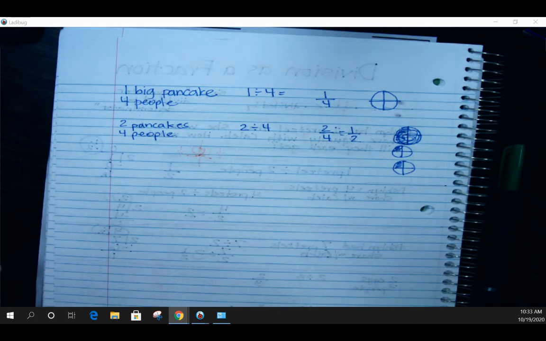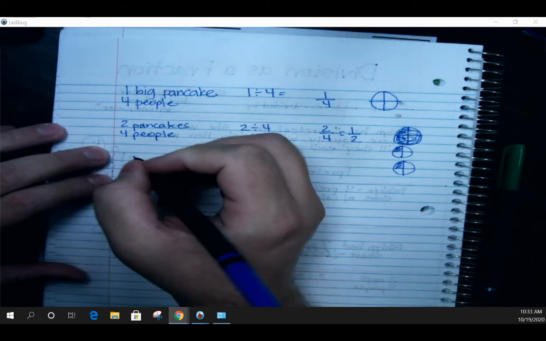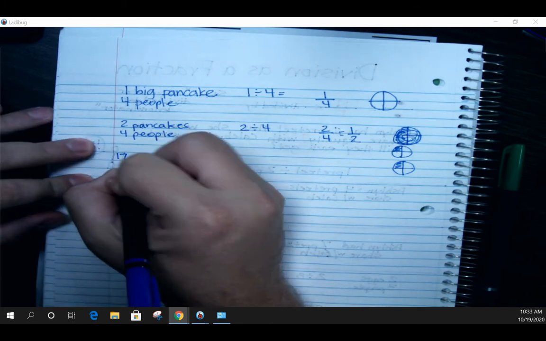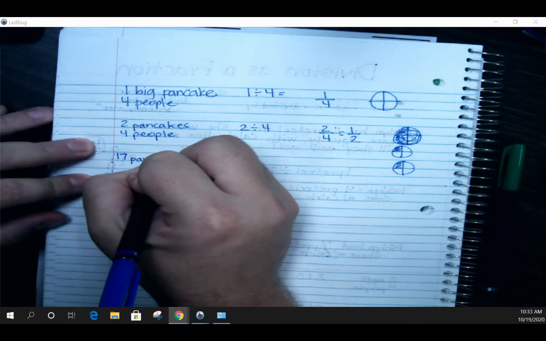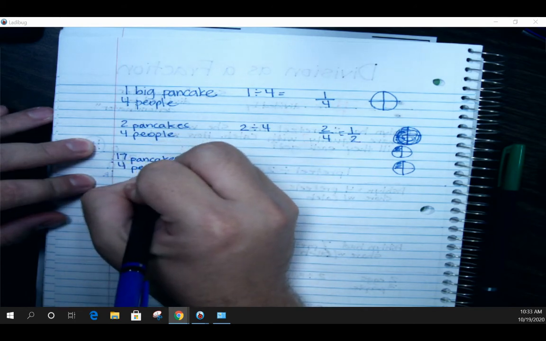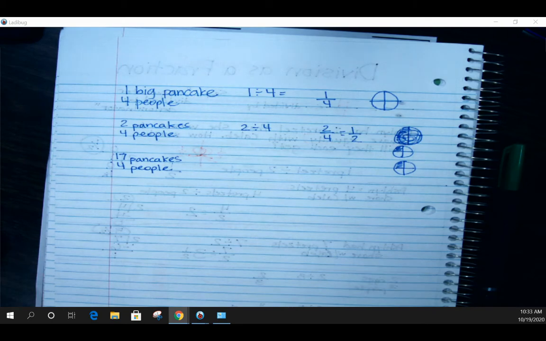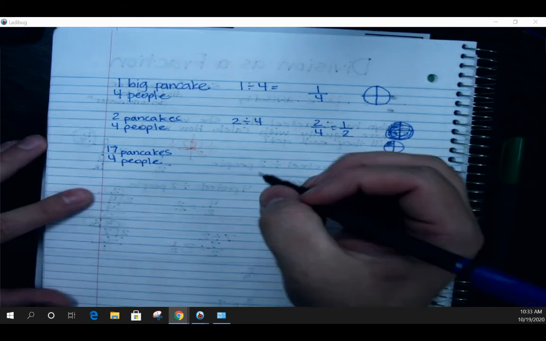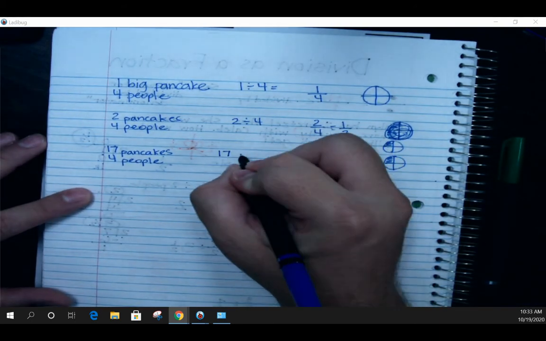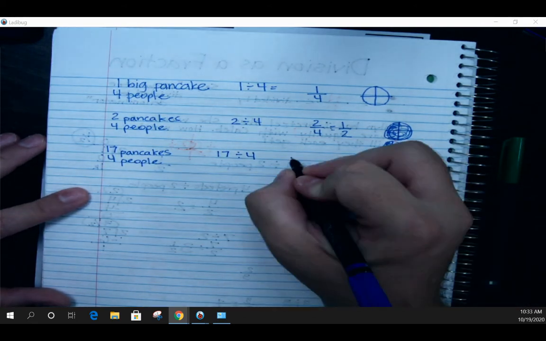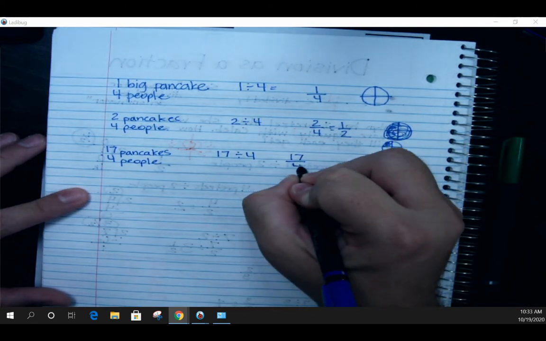Okay. What about if I had 17 pancakes and 4 people? What would I end up with other than diabetes? It would be 17 pancakes divided by 4 people, which is 17/4.